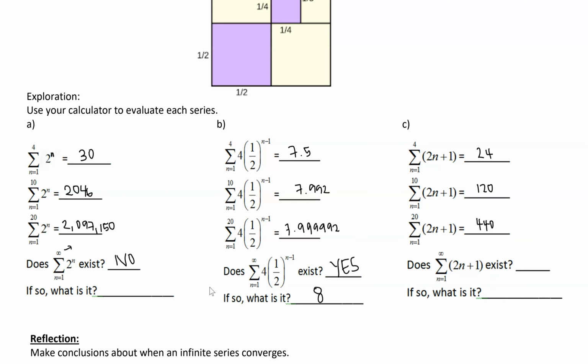All right, so what about this one? This one, 24, 120, 440. Is this going to exist? Am I going to be able to calculate this? No, it's not approaching. It's getting bigger and bigger. So I'm not going to be able to calculate that.